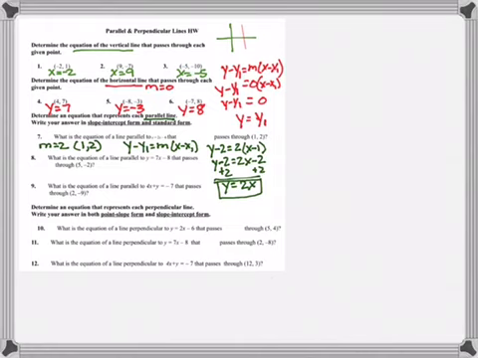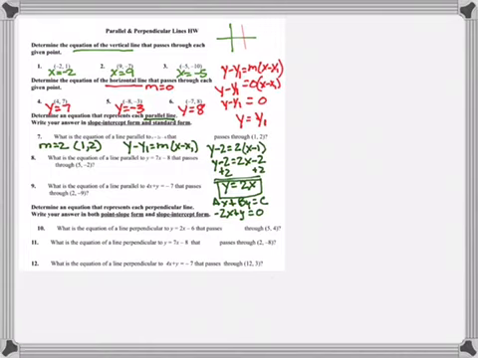Now, if I want to turn it into standard form, that is ax plus by equals c. So now I just need to rearrange my terms. So I will subtract 2x, and I will end up with -2x plus y equals 0. Well, I can't have a -2 for standard form.